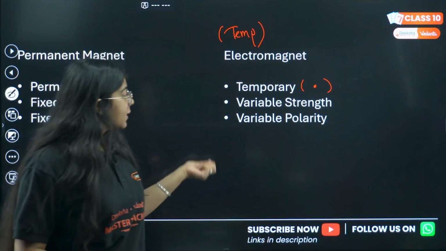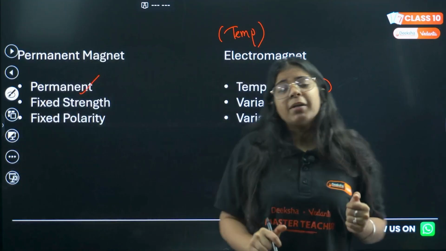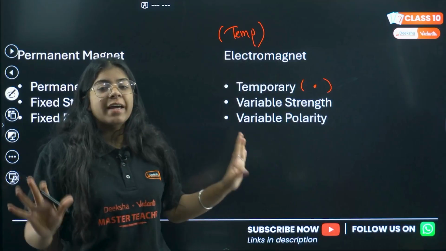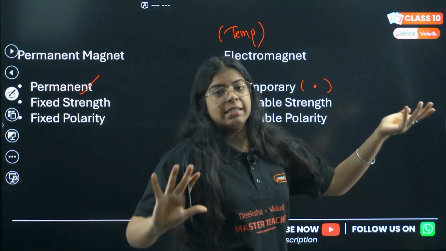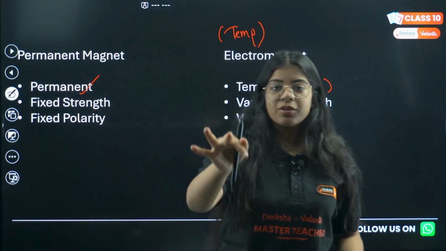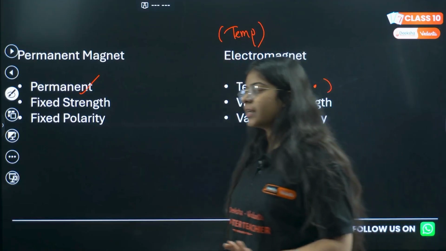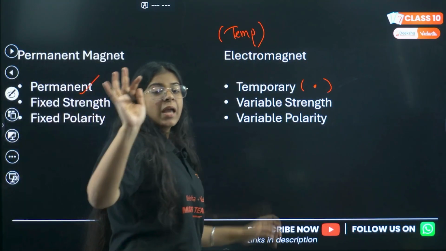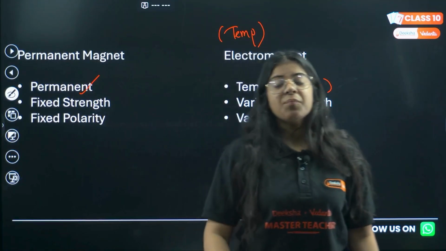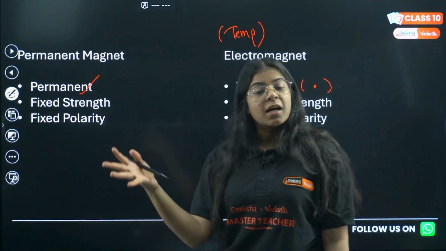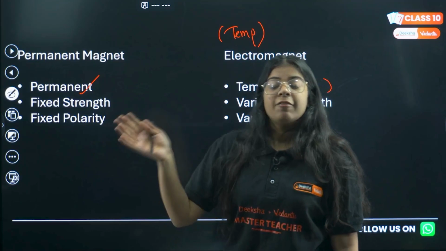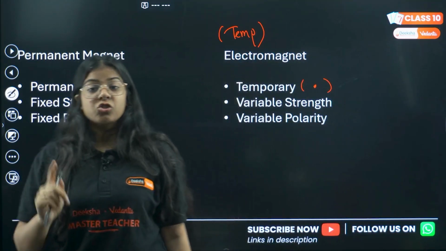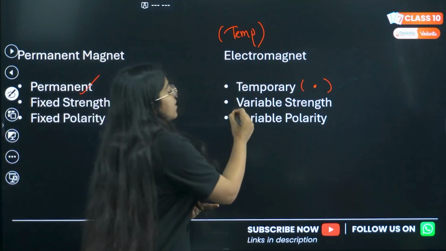The second point is that a permanent magnet has a fixed strength. It does not vary if the current is more or less. If a magnet has 10 Tesla of magnetic field strength, it will remain 10 Tesla for its life. But for an electromagnet, if we increase the current, the magnetic field will increase. If we decrease the current, the magnetic field strength will decrease, and hence it does not have a fixed strength. It has variable strength.